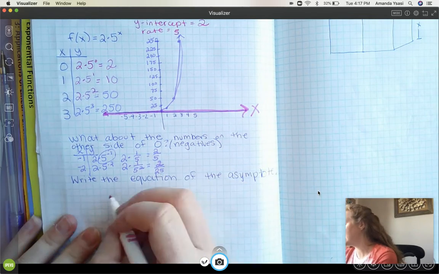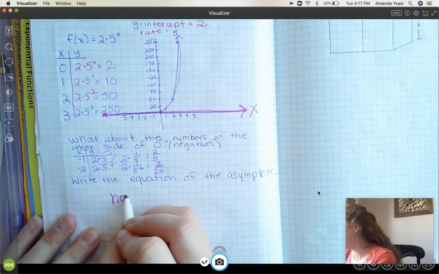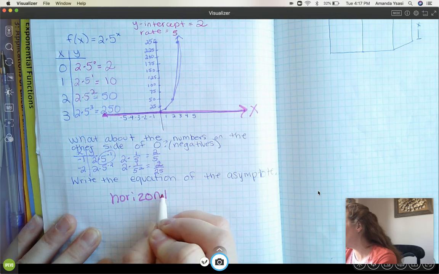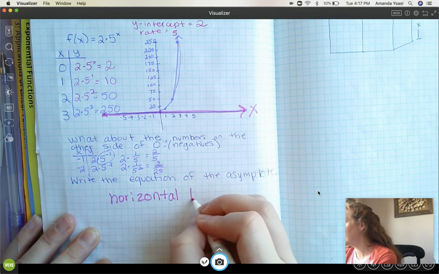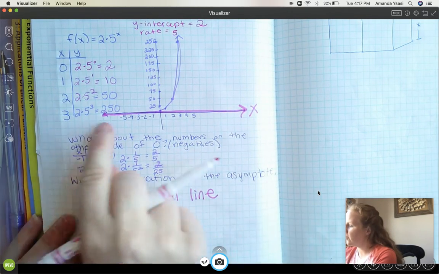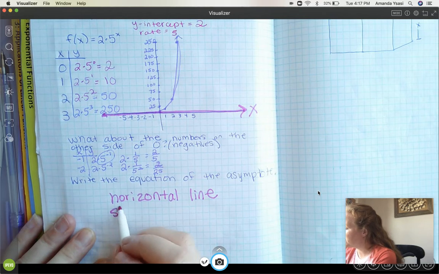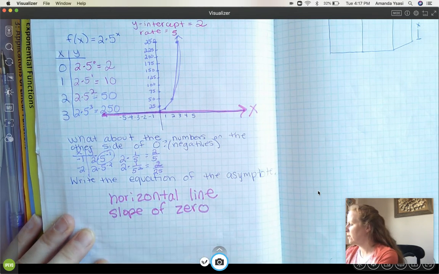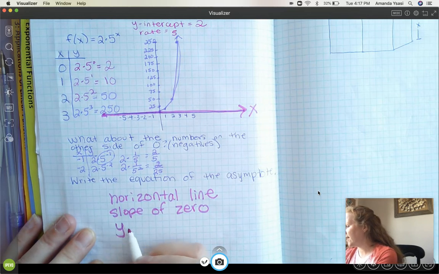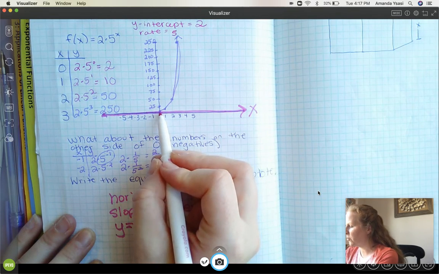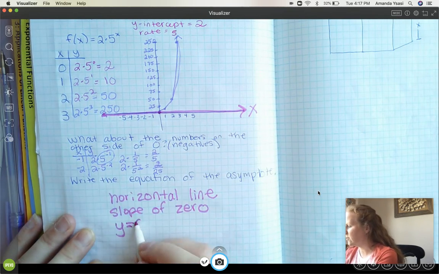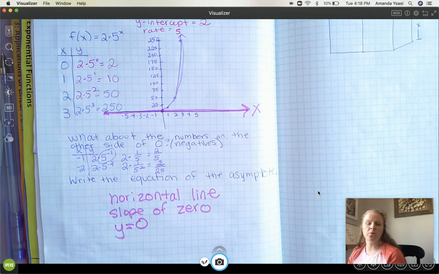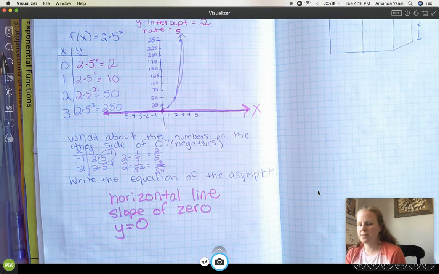So this is a horizontal line. It has a slope of 0. So it's going to be y equals, and where does it go through the y-axis? At 0. So our horizontal line is an asymptote, and it goes through 0.